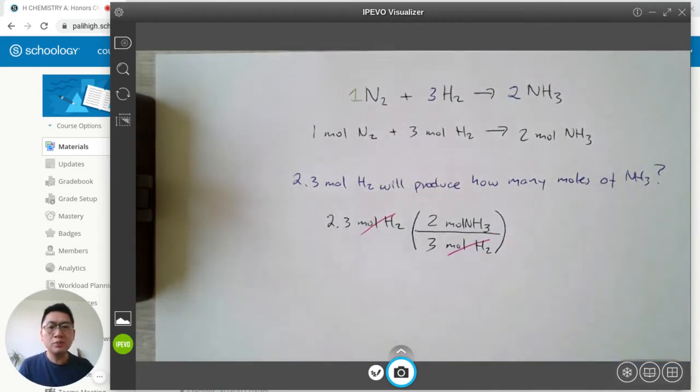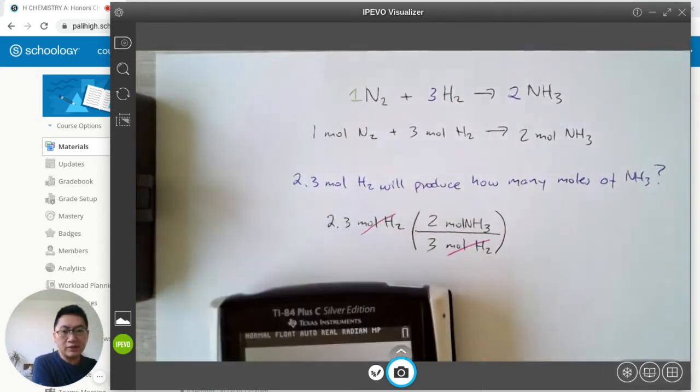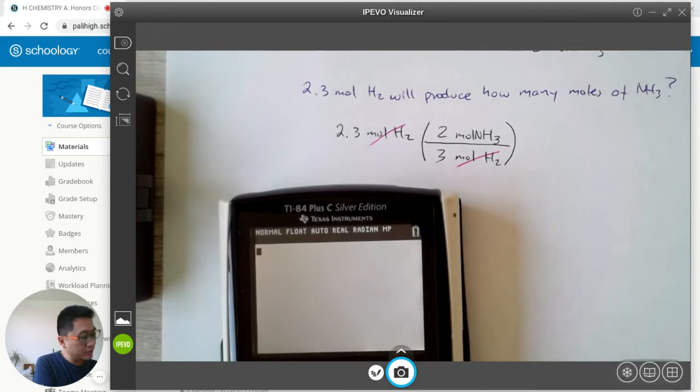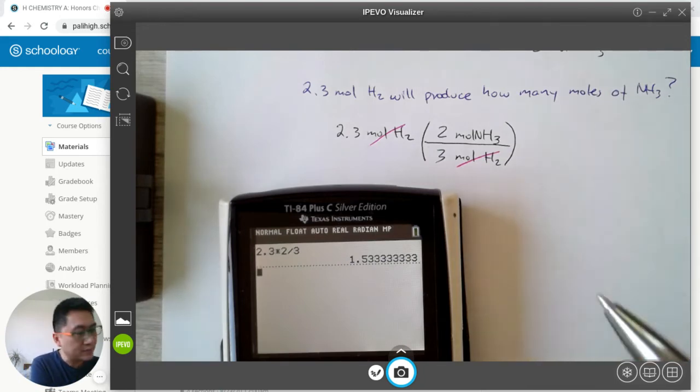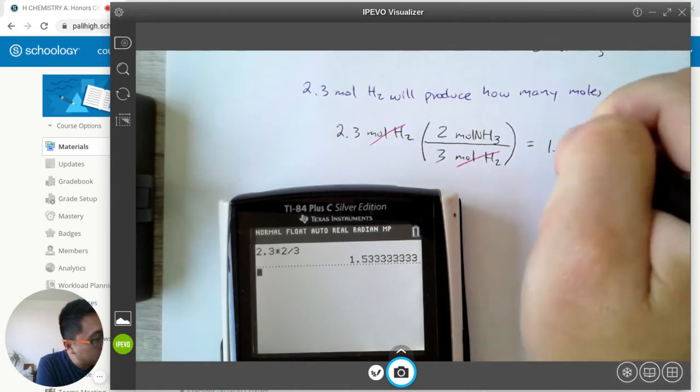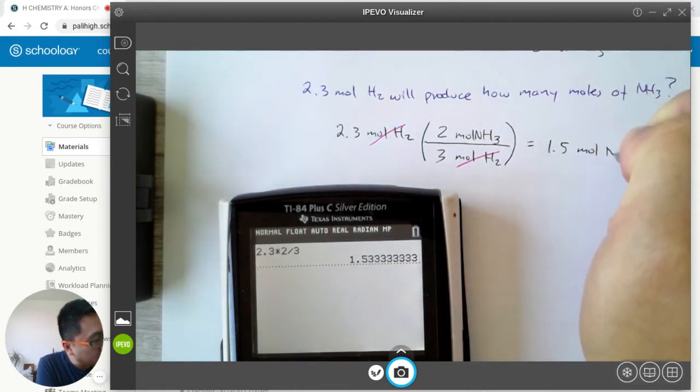So it would be 2.3 times 2/3. And I'll just take out my calculator for that one. But it would be 2.3 times 2 divided by 3, or 1.5. Okay, technically right now I only have 2 sig figs, so 1.5 moles of ammonia, NH3.